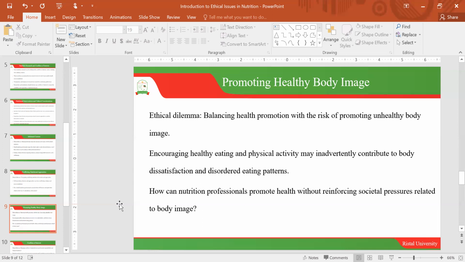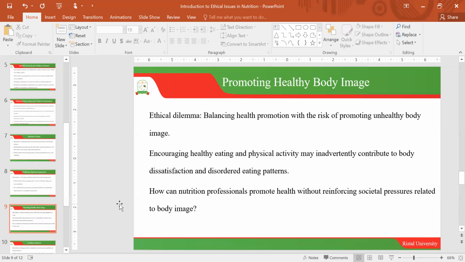Okay? So sometimes it is quite difficult balancing between health promotion and the risk of promoting unhealthy body image. You want to encourage healthy eating and physical activity, but in some way, the client is not actually satisfied with their body image. So how are you going to balance that? It could be quite difficult.